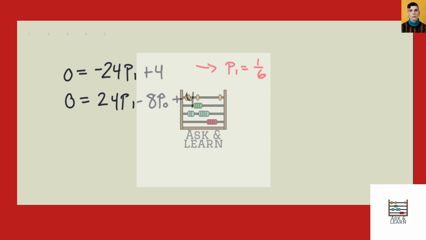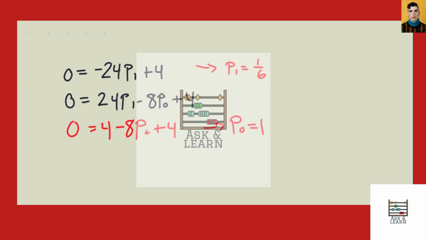And for here, we can put 1/6 into p1, and what we end up with is 4 minus 8 times p naught plus 4 is equal to 0. Right, so what we end up getting from that is that p naught is equal to 1.